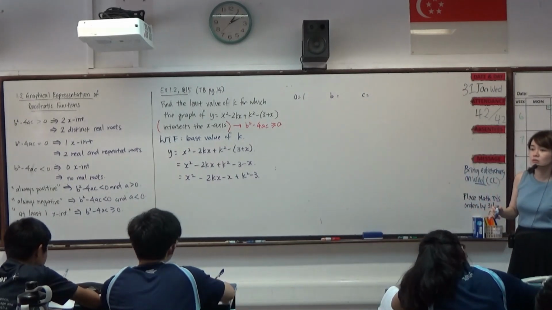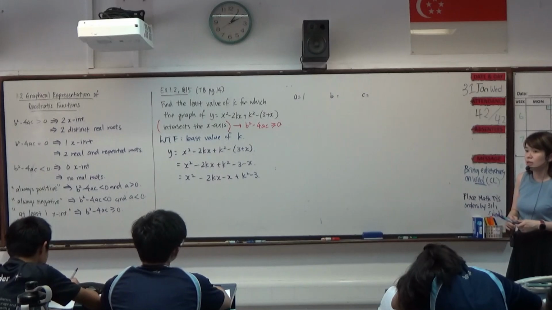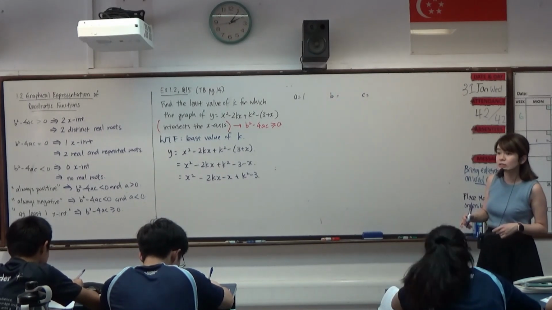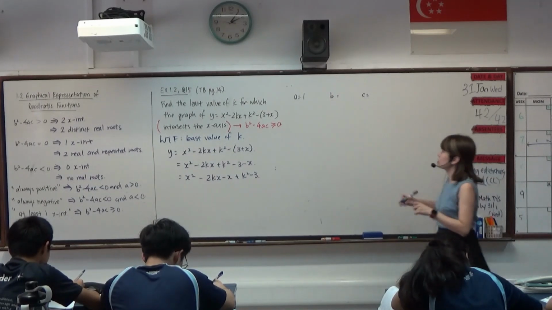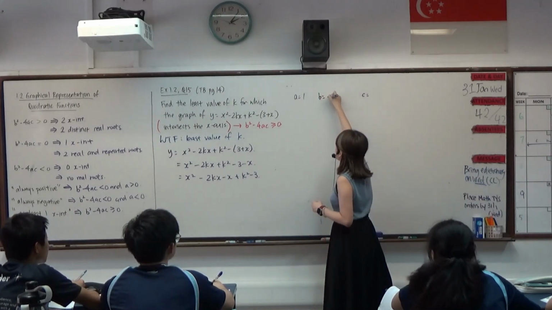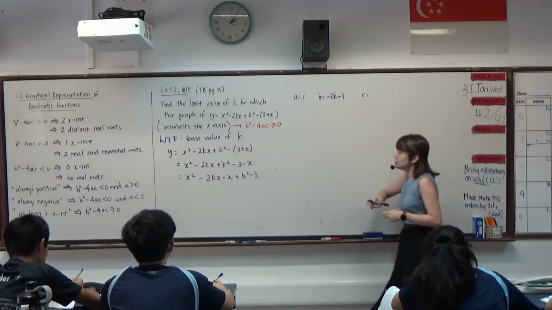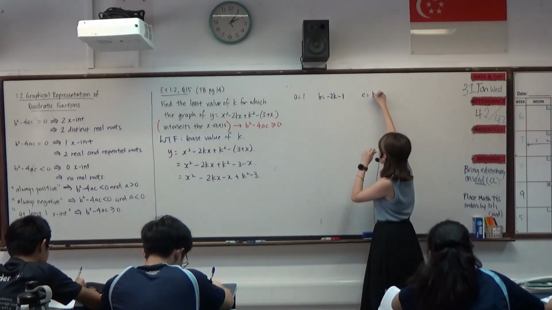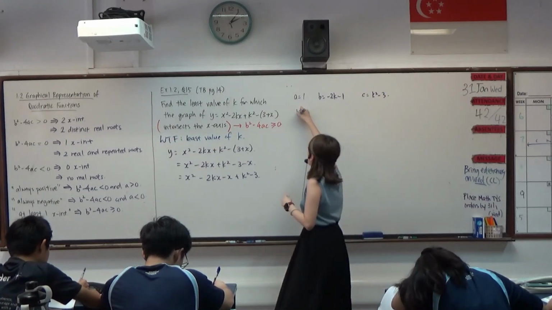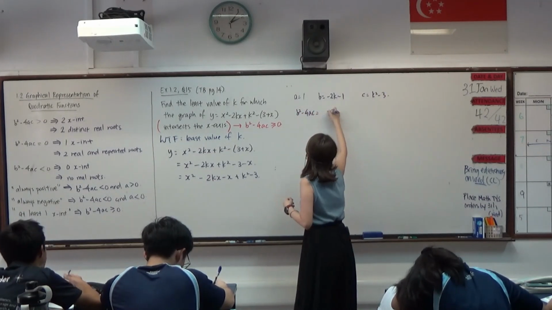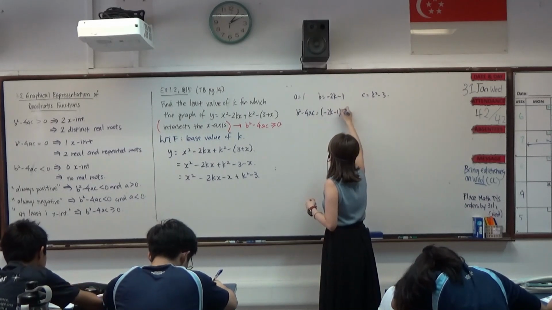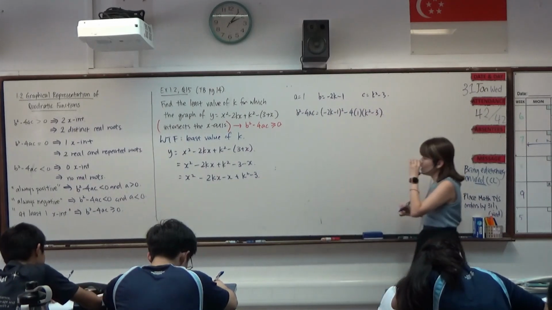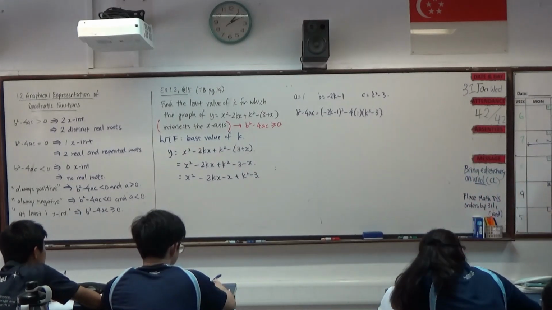What's B now? Is it only negative 2k? Minus 1. Okay, and then your C is k squared minus 3. Our discriminant shouldn't have the variable inside it, shouldn't have the x.